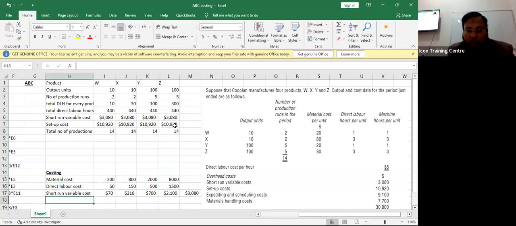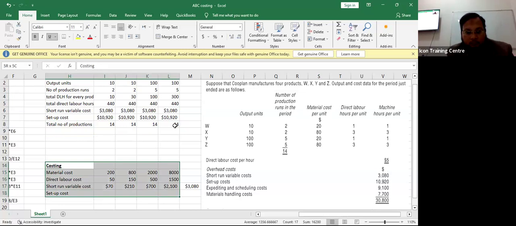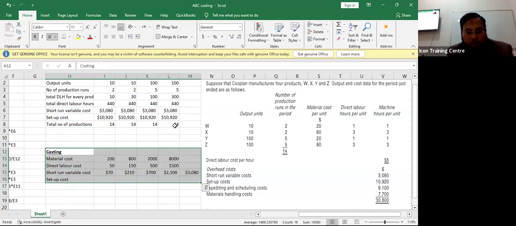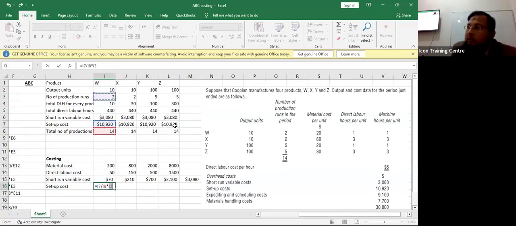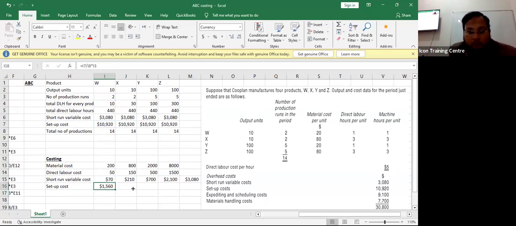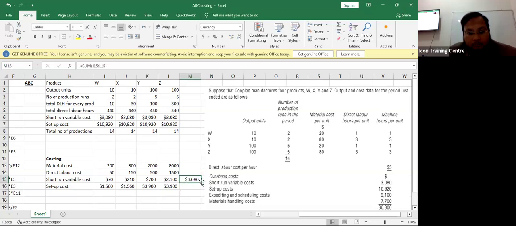So here I will write setup cost is equal to total setup cost divided by total number of production runs, multiplied by number of production runs for only W. So if you take this total, it will be 10,920. Agreed?